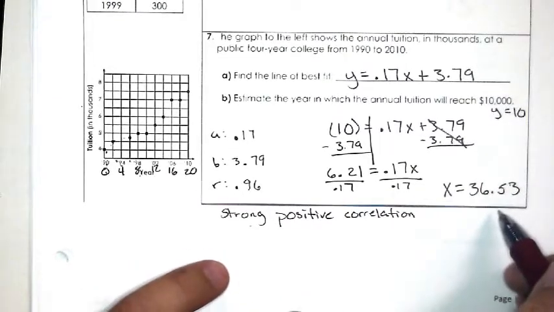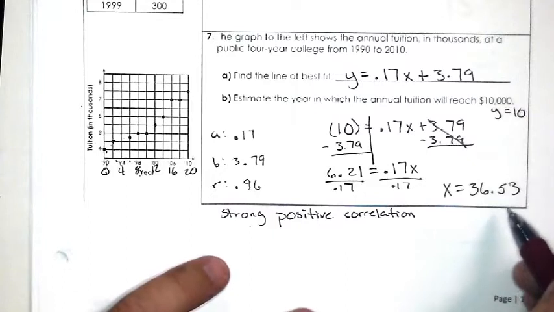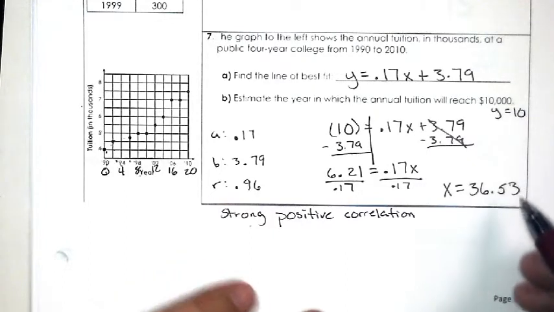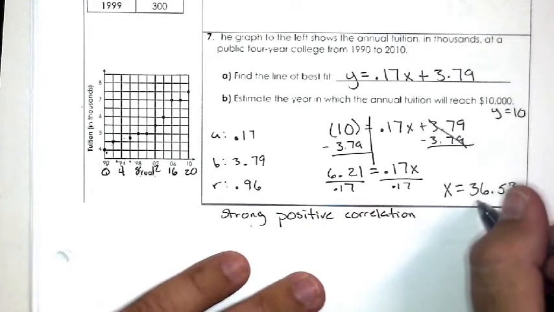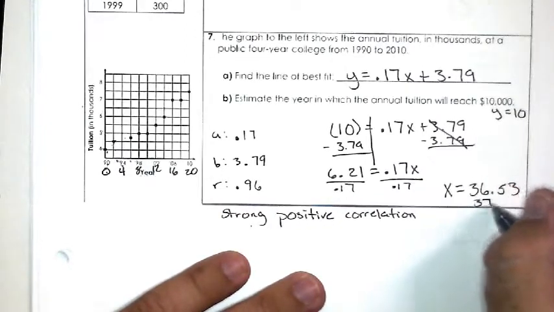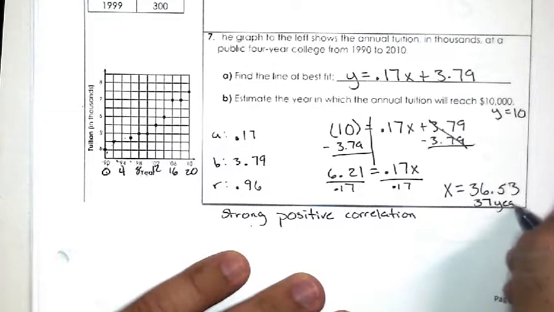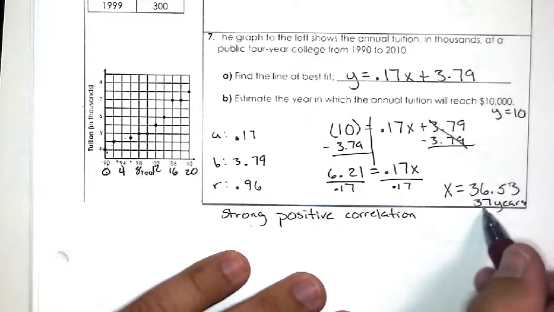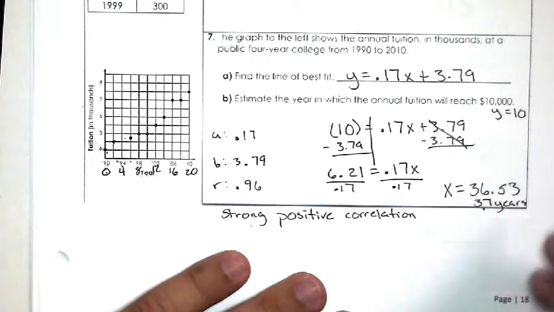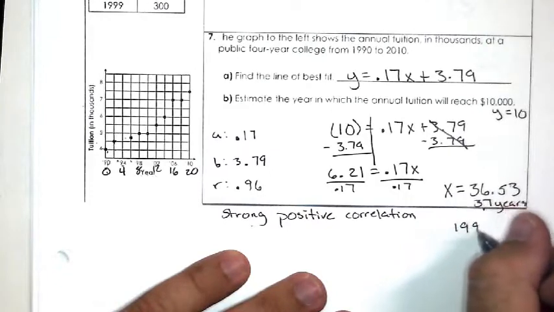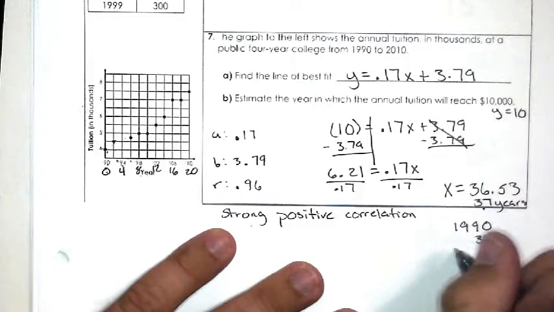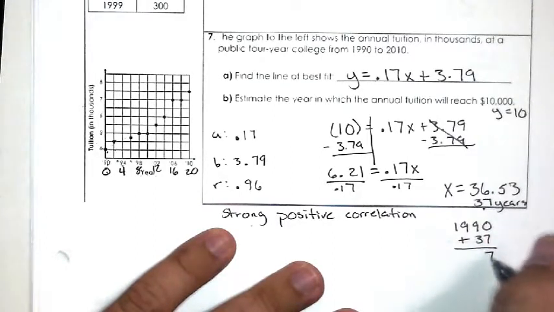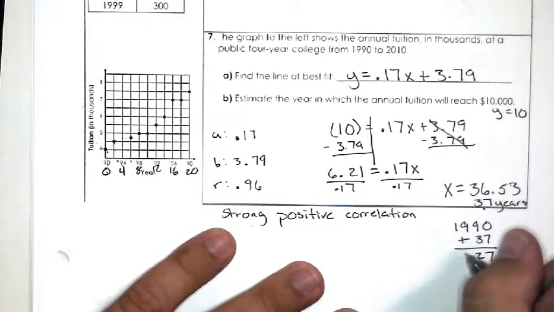Okay, now 37 years isn't my answer. I want to know the actual year. So I'll take 1990, aka the starting year, and I'll add 37 years to it. And I get the year what? 2027. I just broke my chair.